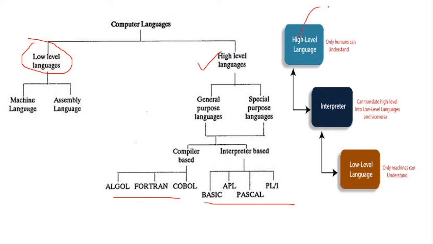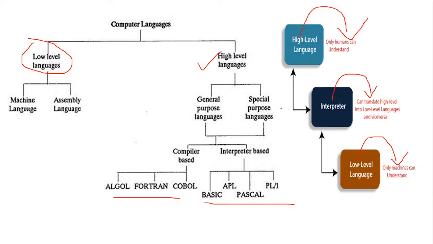A high level language is a language which only humans can understand. A low level language is one which only machines can understand.